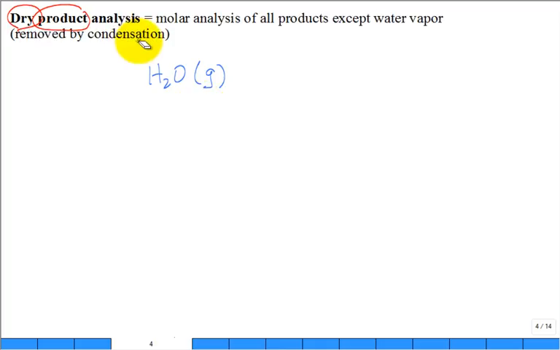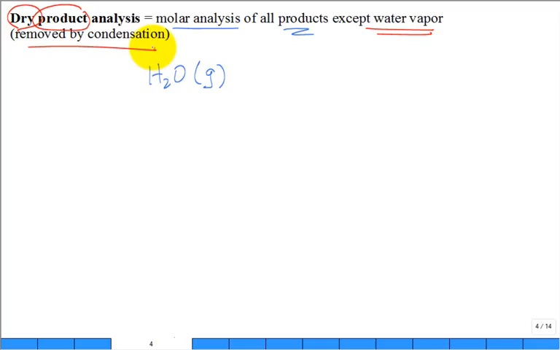It's basically just the molar analysis, give me the mole fractions of all the components in the products, except you've dropped out that water vapor, and you can just think of removing it by the combination of some condensation, getting it cold, as well as some flowing over a desiccant that absorbs it. All right, so that's a dry product analysis.